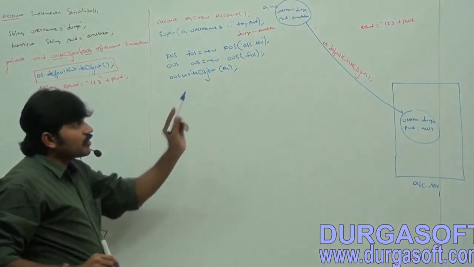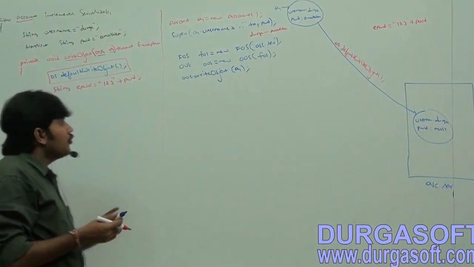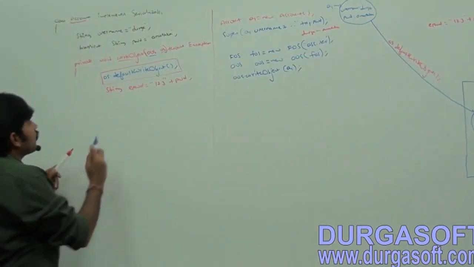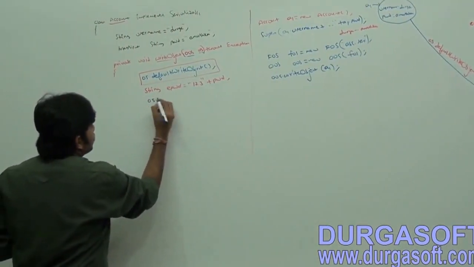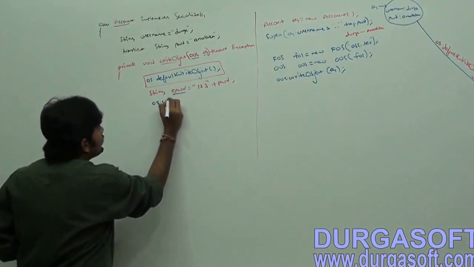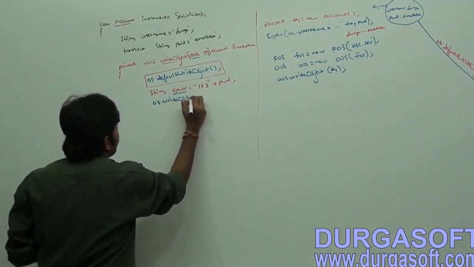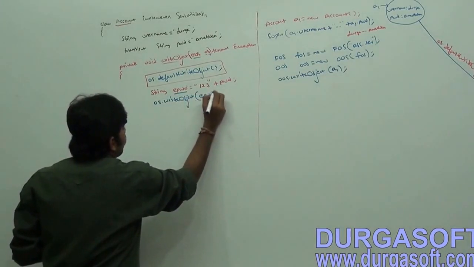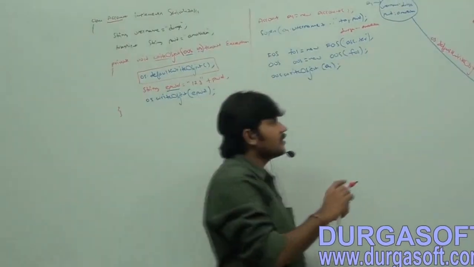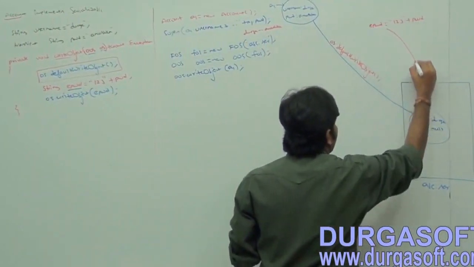And after preparing epassword, please write this epassword to the file. What is the code we have to write? OS.writeObject of epassword. Now write this password to the file.